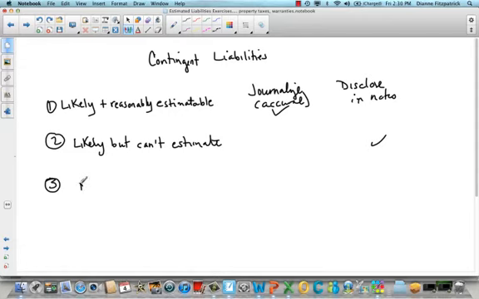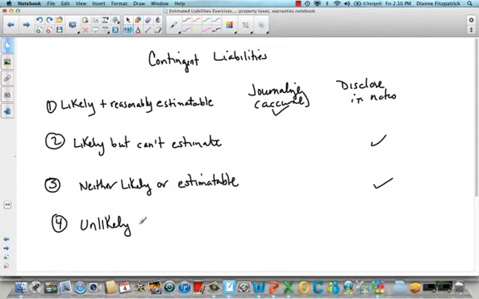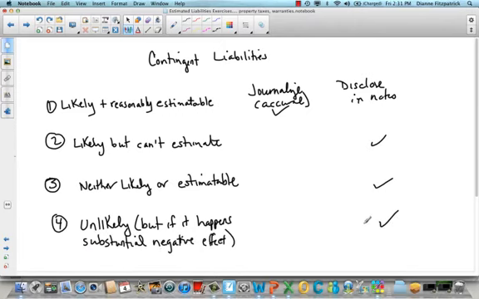If it's neither likely or estimatable, you should probably still disclose it in the notes. There's another situation where it might be unlikely, but if it happens, it's bad. It has a substantial negative effect. You should still disclose it in the notes. So that's how you handle contingent liability.